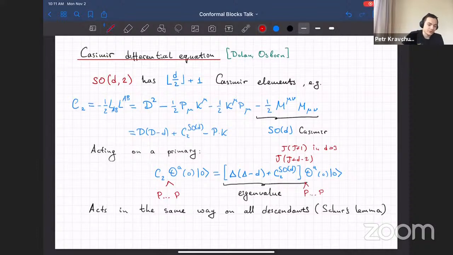It's just going to be less obvious than for the primary, because now we won't be able to discard this term, but this term will precisely make sure that everything is consistent and C2 acts by an eigenvalue on all descendants of O as well. And that's the key property that we're going to use. Are there any questions about these basic facts about the Casimir?